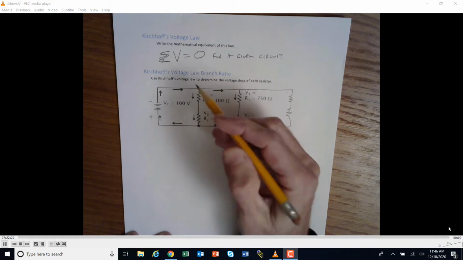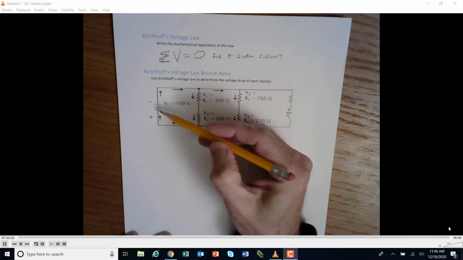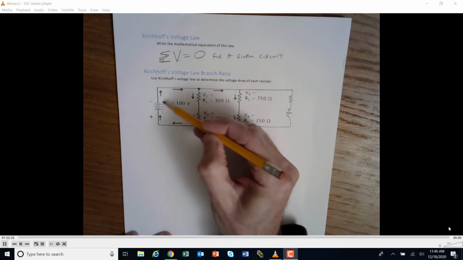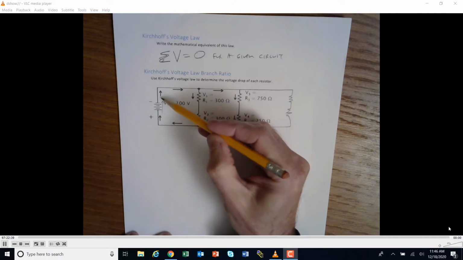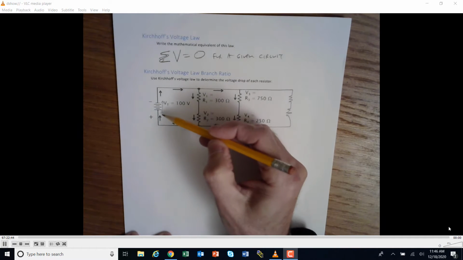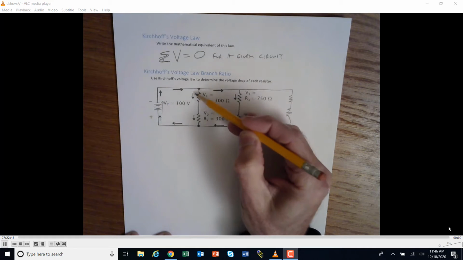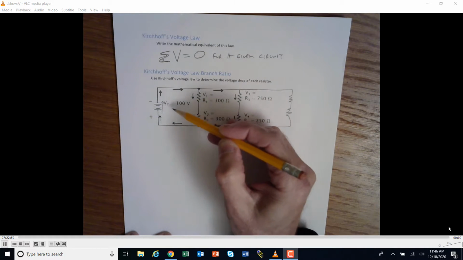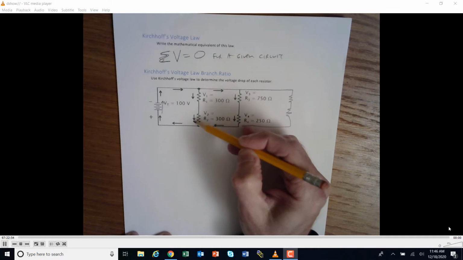If we want to look at this first circuit right here, that's just this one right here. Going from positive to negative, we're going to put the directional arrows on the voltage, so they're going up like this. We'll call that positive voltage. If everything going up is positive, that's what this direction is showing. But here the arrow is coming down, so we've got a positive arrow and a negative arrow here and a negative arrow here.